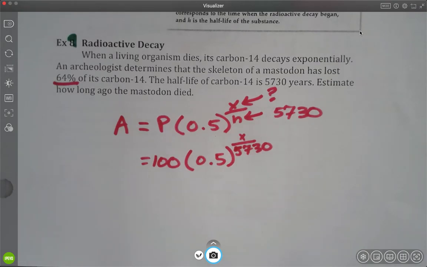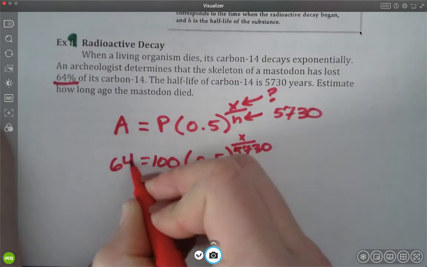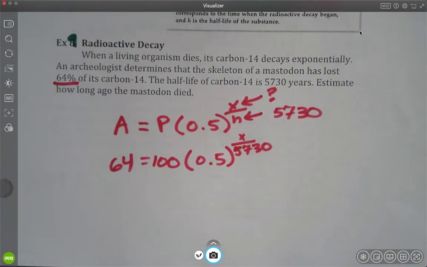So if we're starting with 100, what is my A, my after amount, going to be? 64 grams. What's 64% of 100? 64, right? So it doesn't matter how big the mastodon was to start with. Maybe he was like 1,200 grams, but I chose 100 because 64% of 100 was really nice.